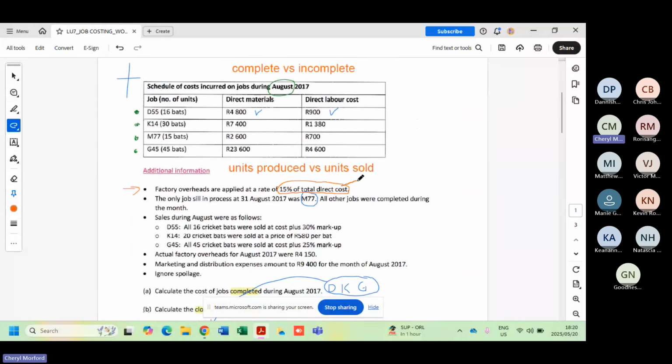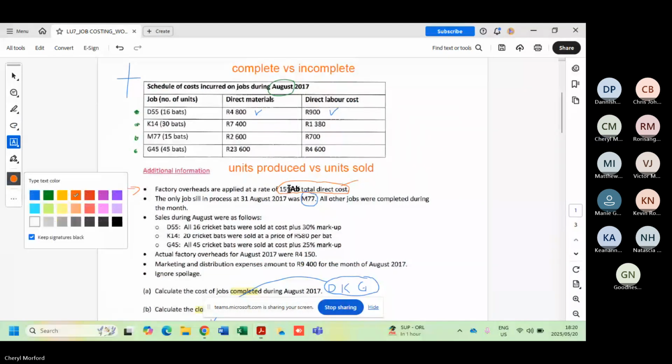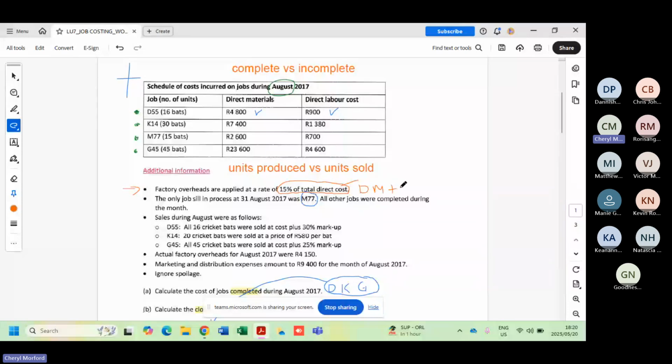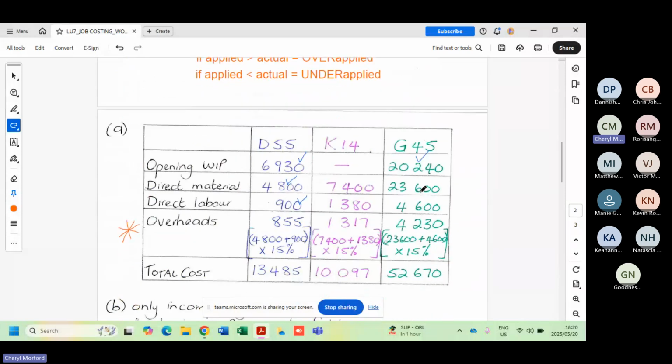So what is the direct cost? I want the direct materials, that's a direct cost, and I also want direct labor. So all I do is add those two, gives me total direct cost, and then I find 15%. Couldn't be easier. Let me show you.